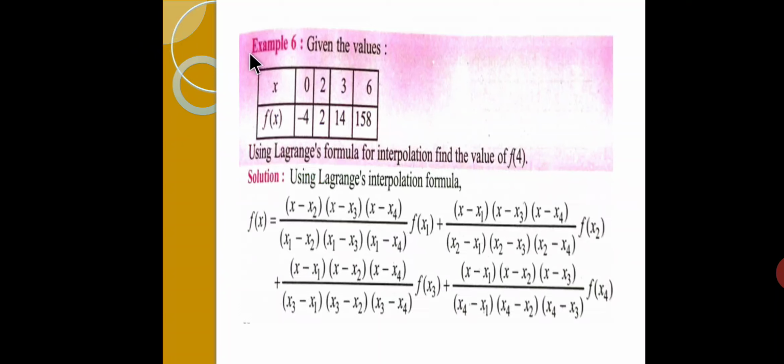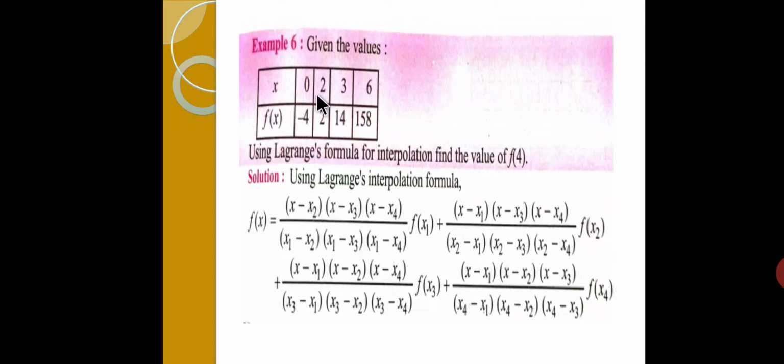So when the given argument values are unequally spaced, then we apply Lagrange's interpolation formula. First problem: given the values x is equal to 0, 2, 3, 6.